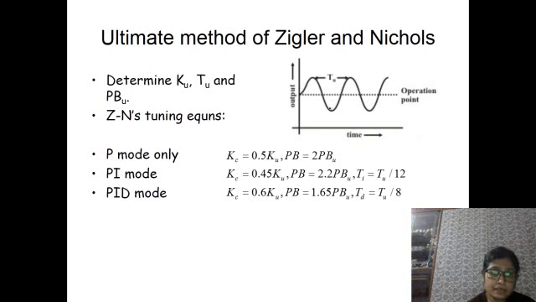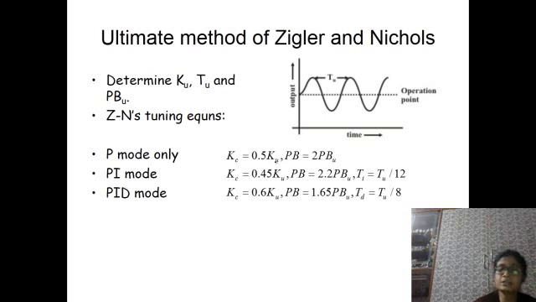Due to this constant oscillation, this gain value is called the ultimate gain. Let the gain of the controller for which this continuous cycling of the process variable with undiminished amplitude, that is the constant amplitude, occurs be determined at the value of Ku. That is the ultimate gain of the proportional controller.